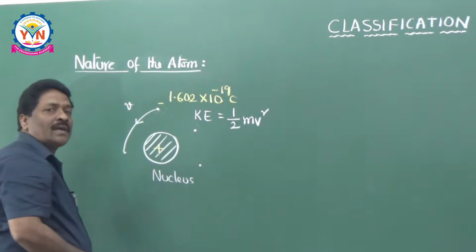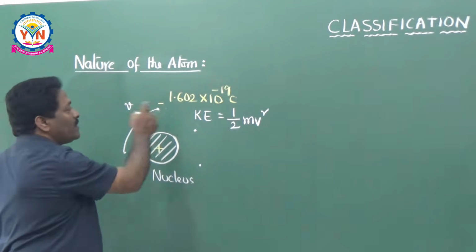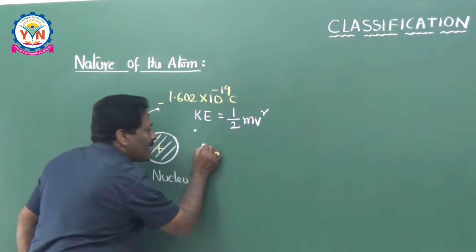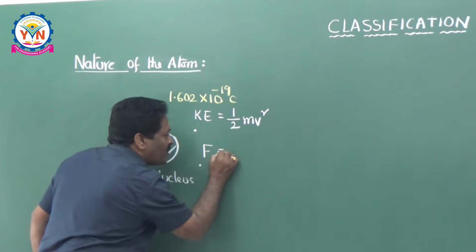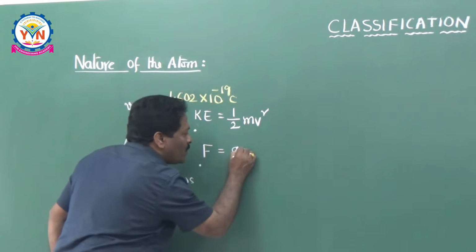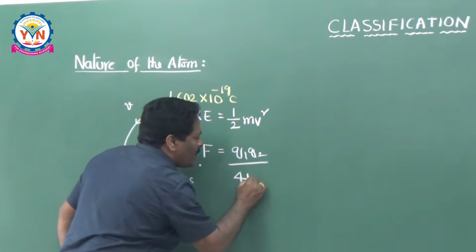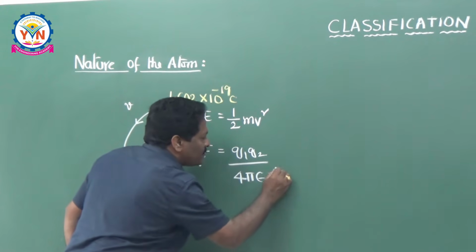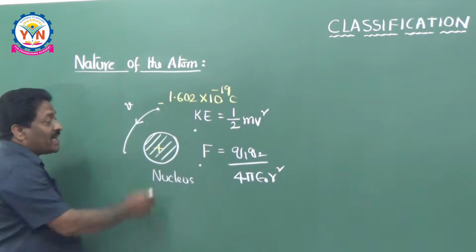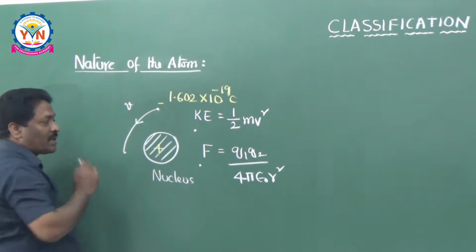And from Coulomb's law, the force existing is F equal to Q1 into Q2 divided by 4 pi epsilon naught into R square, between these two opposite charges.